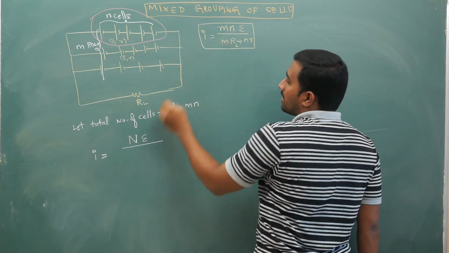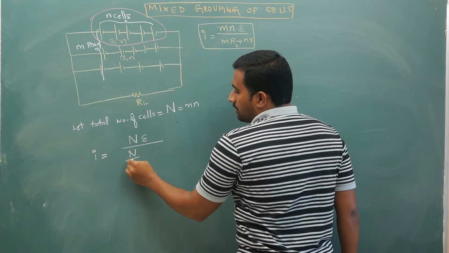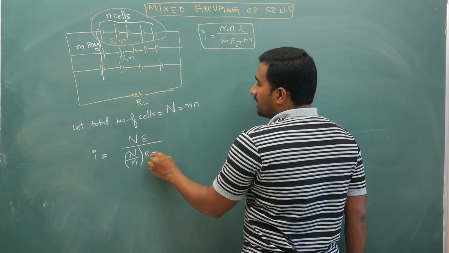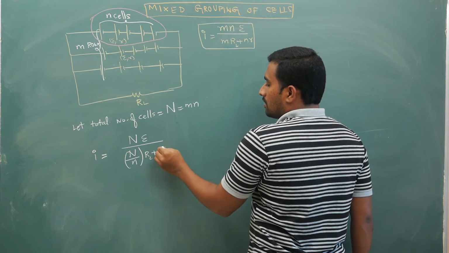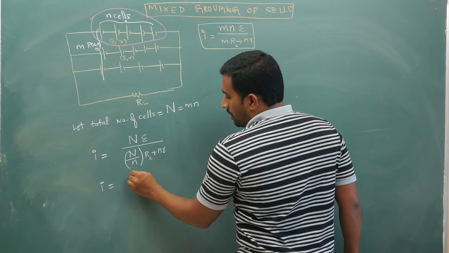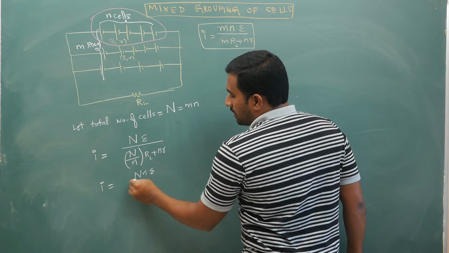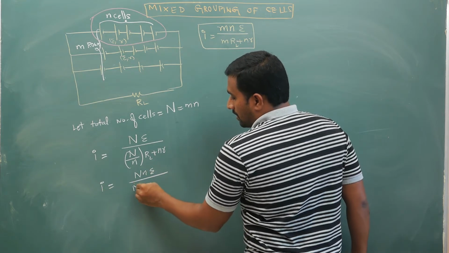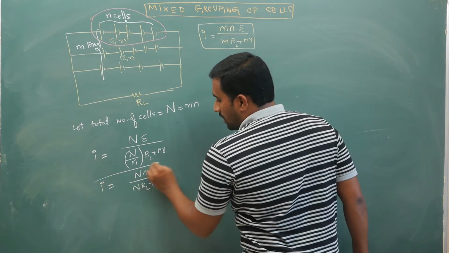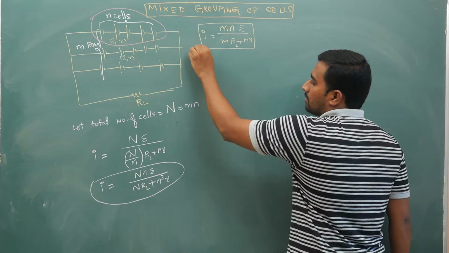M can be written as capital N by small n, into R load plus N into R. So your current I will become, okay, capital N small n into E by N times R load plus N square times small r. Okay, this is your current value.